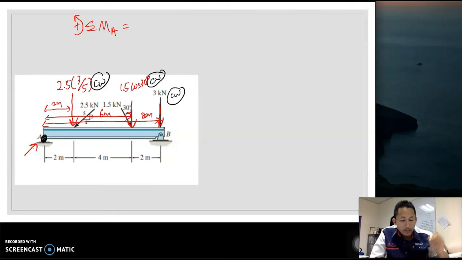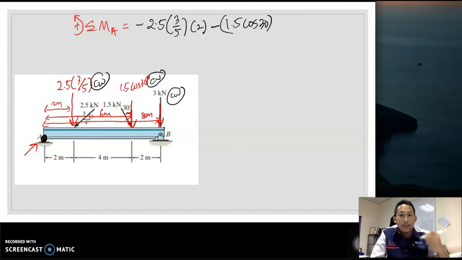If we take point at A, all calculation must be in negative. So for the first one, we have negative 2.5 times 3 over 5, this is the force. Don't forget to put the distance, which is 2 meter, minus 1.5 cosine 30 degree. This is the force. Don't forget to put the distance. Distance is 6 meter, minus 3 kilonewton times 8 meter.